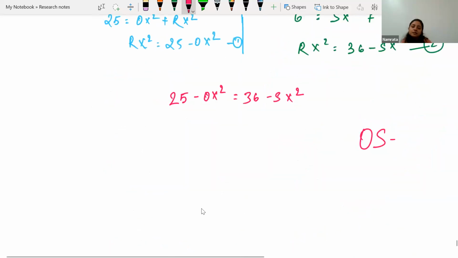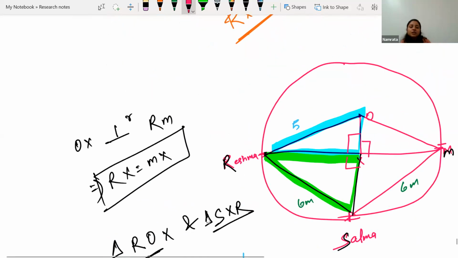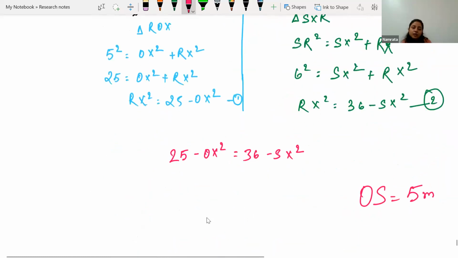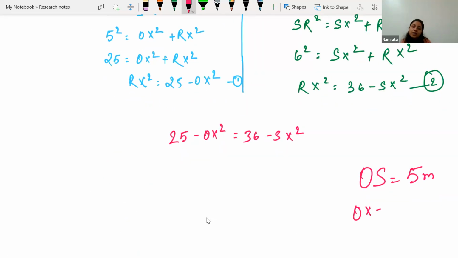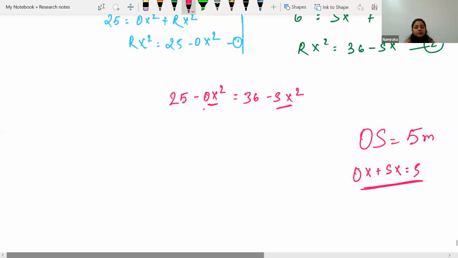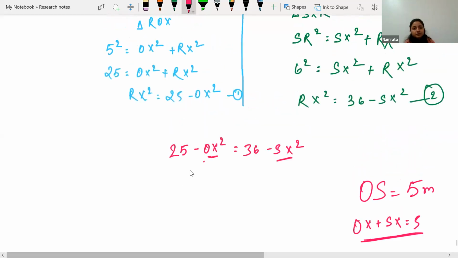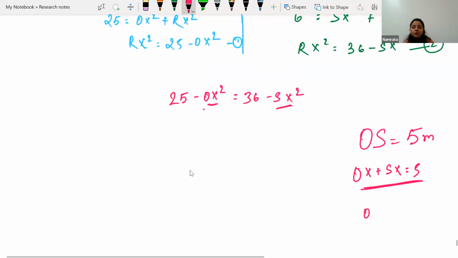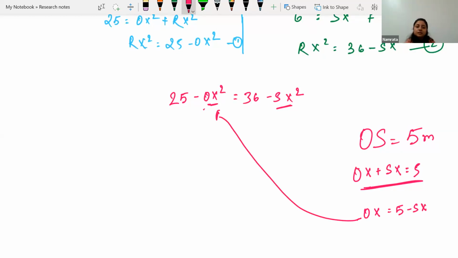So OS means radius, 5 meter. Now OS is the combination of OX and SX, that is 5. Like yesterday, now we will be replacing either SX or OX using this relation. So I am going to take OX is equal to 5 minus SX.